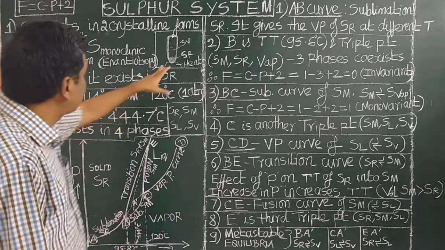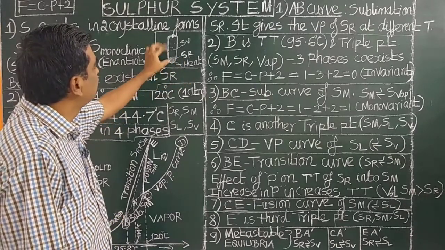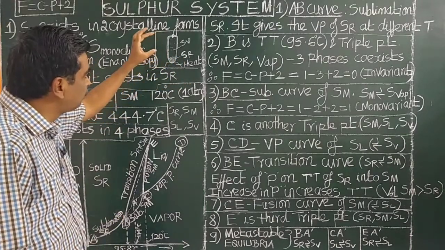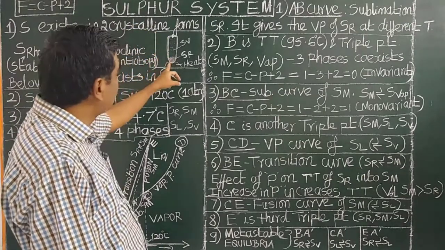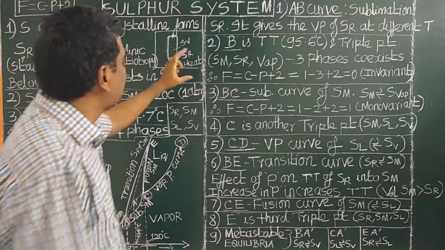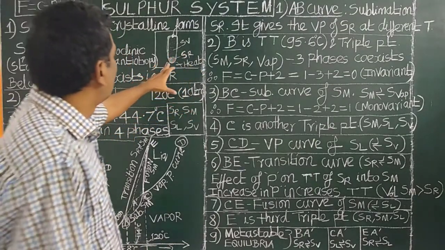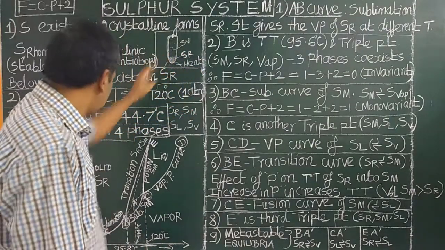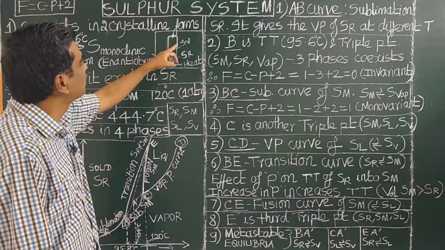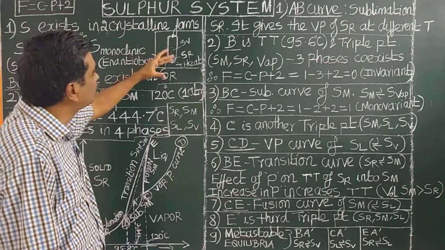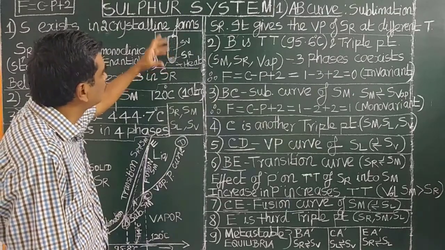Now, let us take sulfur rhombic powder in a sealed tube. On heating, the temperature increases and the vapor pressure increases. Solid sulfur is converted into vapor.